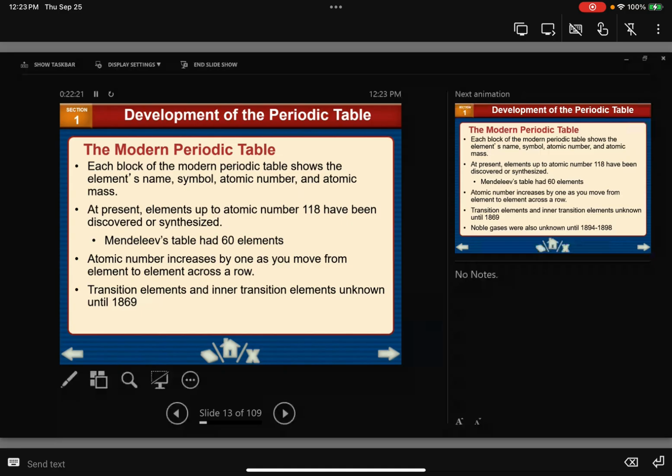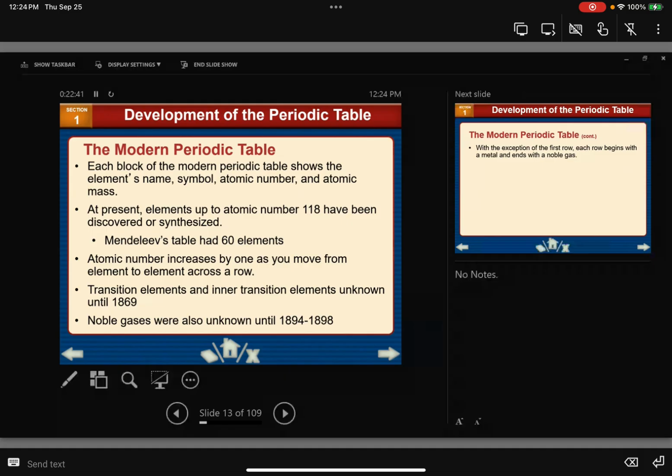And then we have those transition elements, and inner transition elements were unknown until 1869. So we didn't really know about them. A lot of them are synthetic, but they're a lot more rare than some of the other elements that were on that first periodic table. And then noble gases were unknown until somewhere between 1894 and 1898.